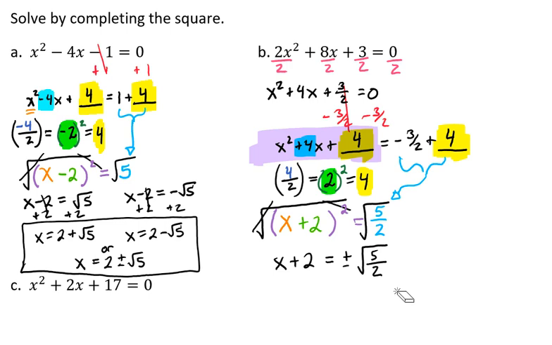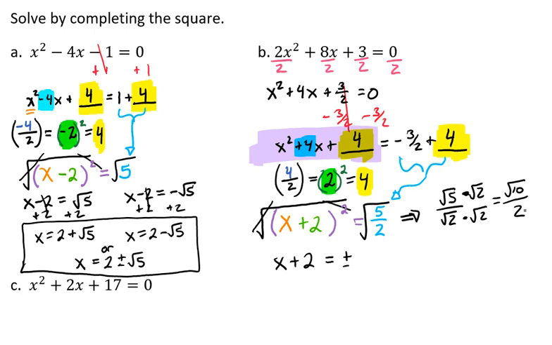What I might have done to save myself a little bit of time is rationalize the square root of 5 over the square root of 2. So rationalize that and get the square root of 10 over 2. Then we take that from the rationalization and put it here. So radical 10 over 2.